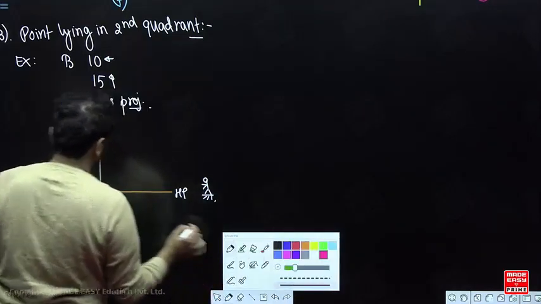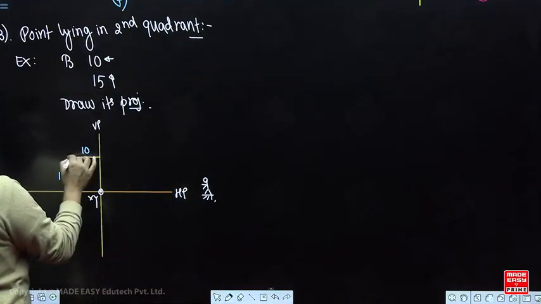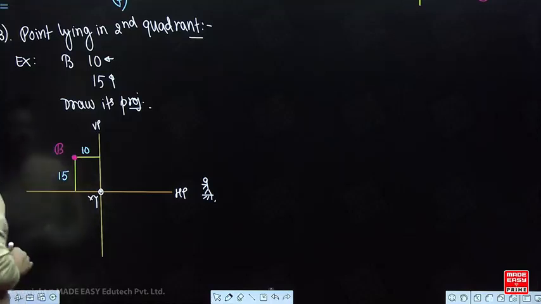So this point is your B. So you can see that the point is in which quadrant? It is in second quadrant. Clear?